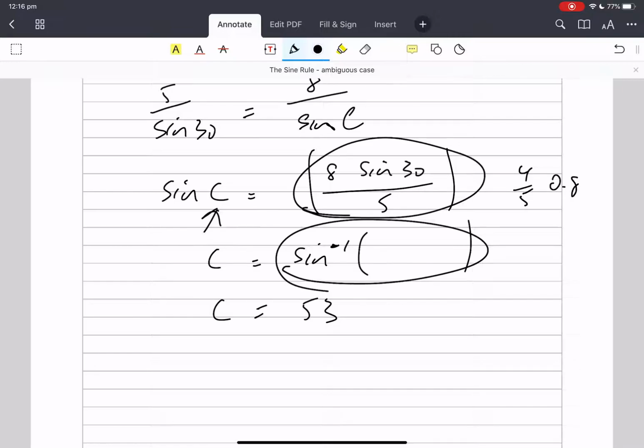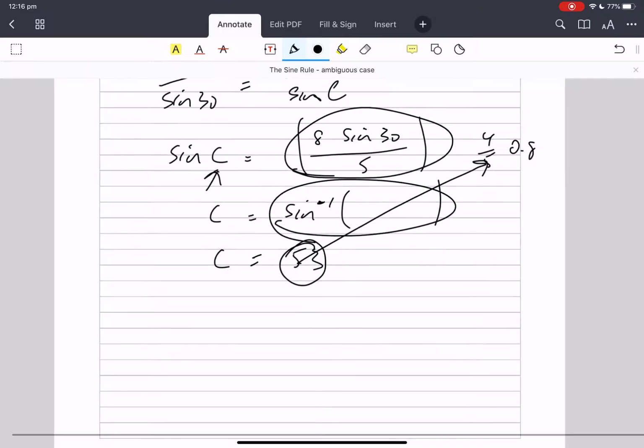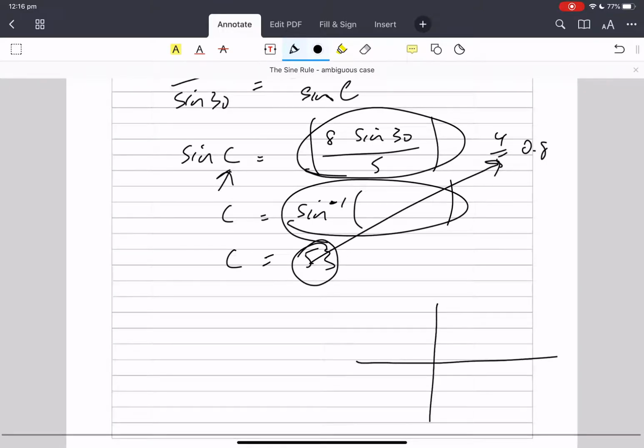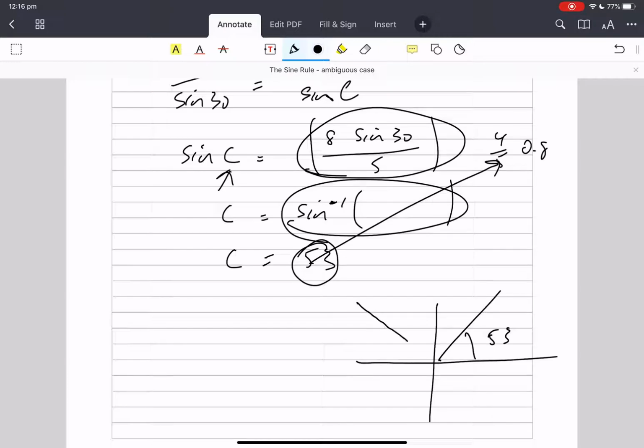And you're right, 53 is one angle that gets that, but there's another one. I can actually use my unit circle and go, well, there's my 53 degrees. 53 degrees is actually a reference angle. Where else can I draw it to get the same value of sine?